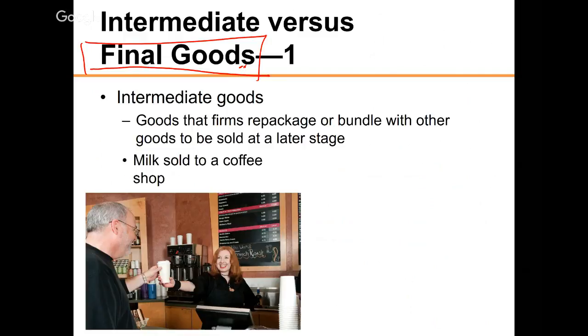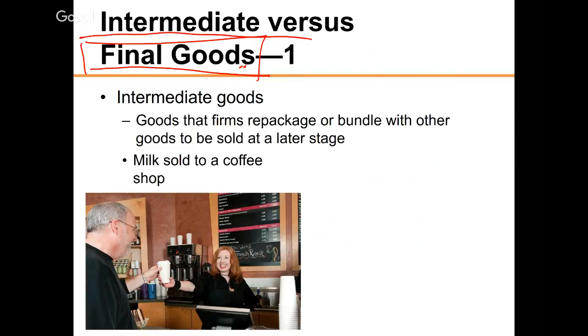But if the good is purchased by a business and they use it to make some other good, it is called an intermediate good. Intermediate goods are not part of our GDP, because if you account for all the intermediate goods in the economy, you're more than likely to double count how big the economy is.